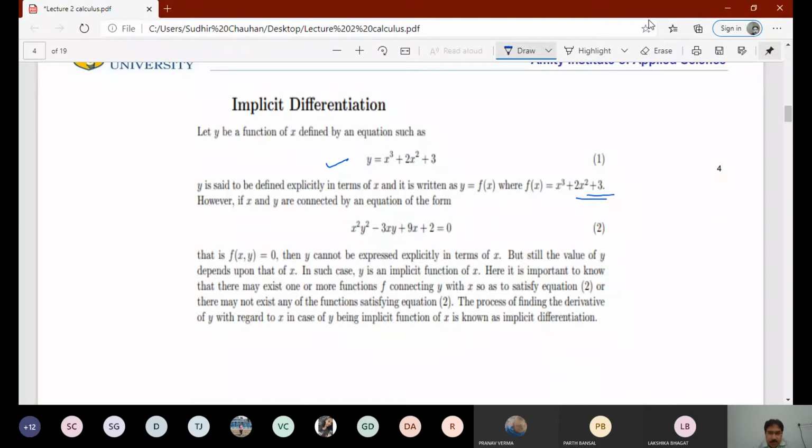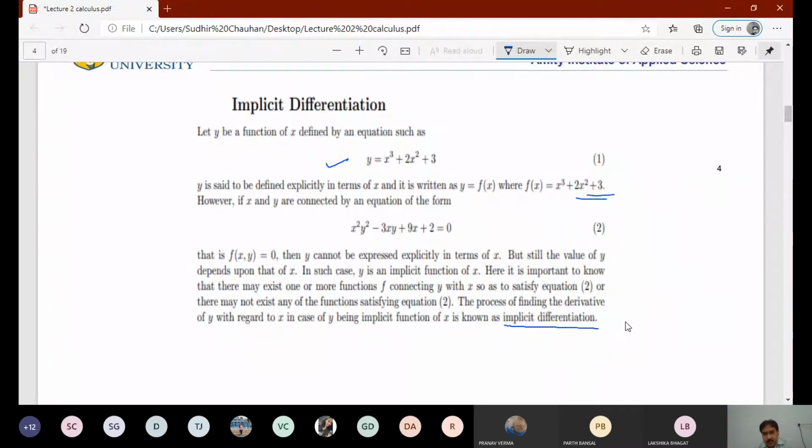Here it is important to know that there may exist one or more functions f connecting y with x so as to satisfy equation 2, or there may not exist any function satisfying this equation. So the process of finding the derivative of y with regard to x in case of y being an implicit function of x is known as implicit differentiation.